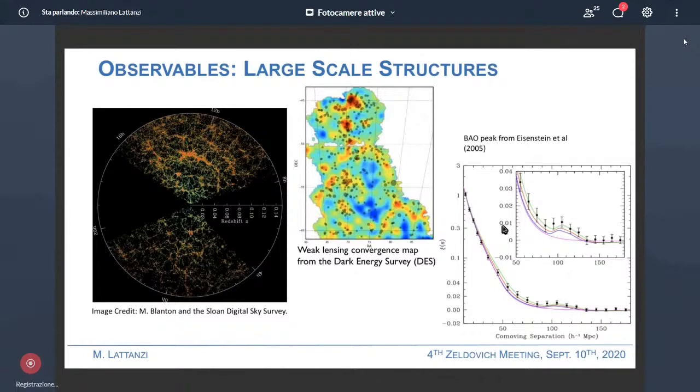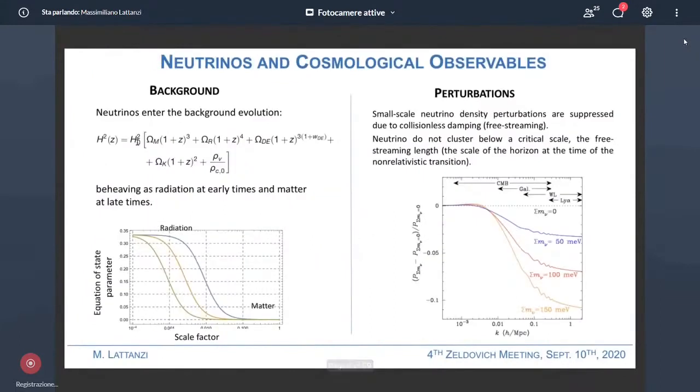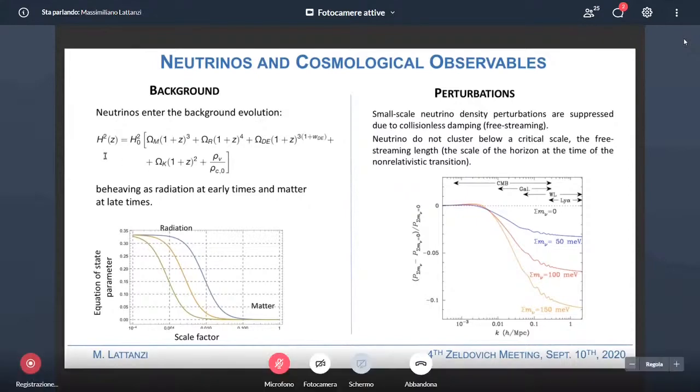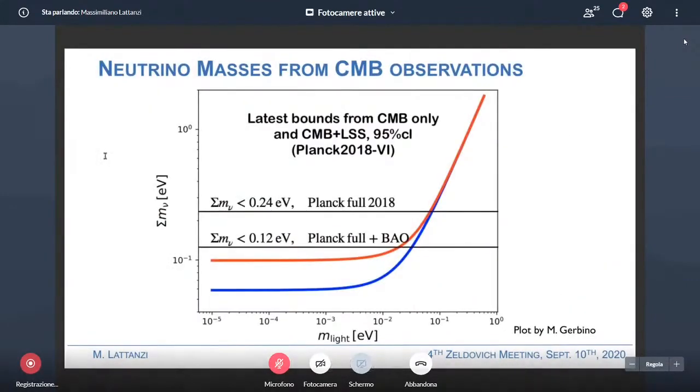So measuring the BAO peak that you can see in the plot on the very right allows us to constrain the evolution history of the universe, and this allows us to reduce the possibility of compensating the background effect of neutrinos that I was telling you about in this slide. So once you measure the BAOs, you have less freedom in rearranging the parameters in this equation to get the same H0, basically.